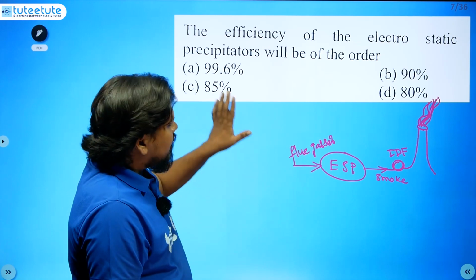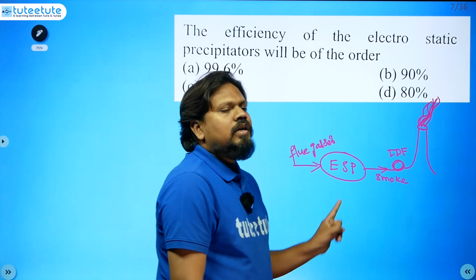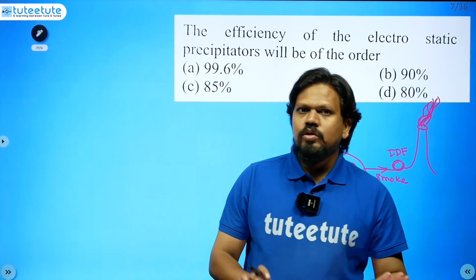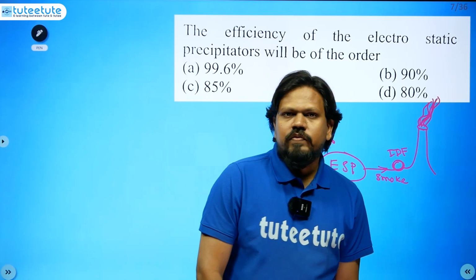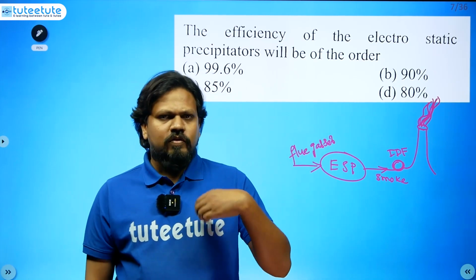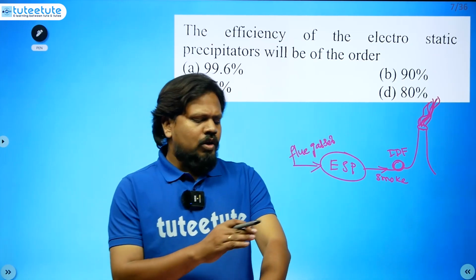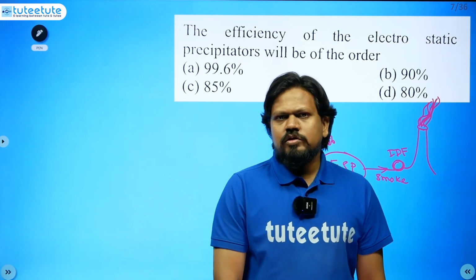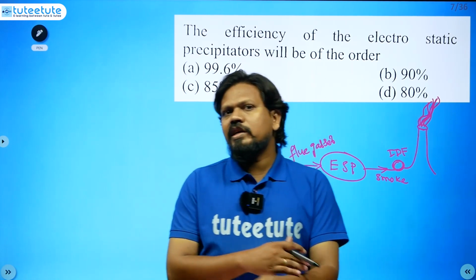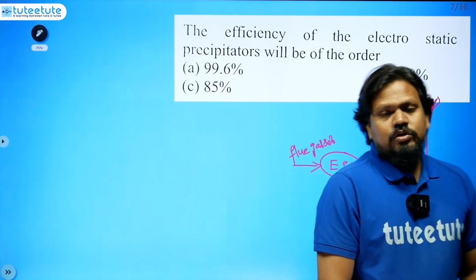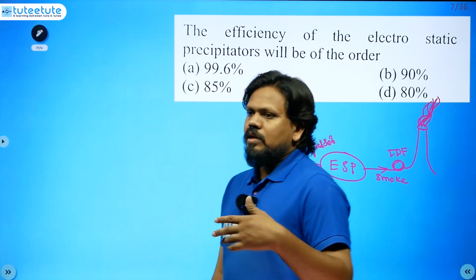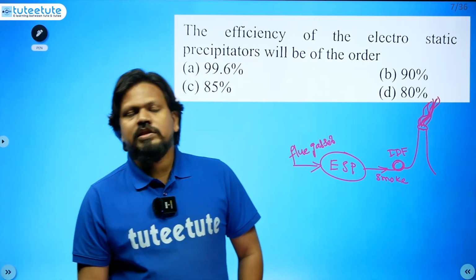That's why we construct the thermal power plant near load centers, near human beings. If the gases are sent outside, it will be a very big problem. People near the thermal power plants will get skin diseases, lung diseases, and other unwanted diseases.